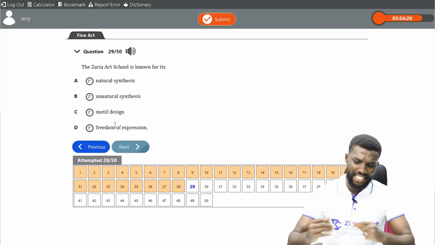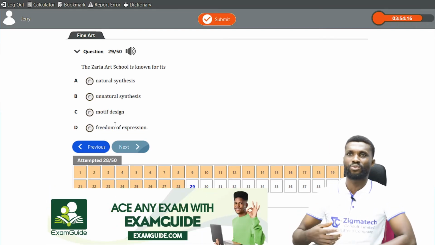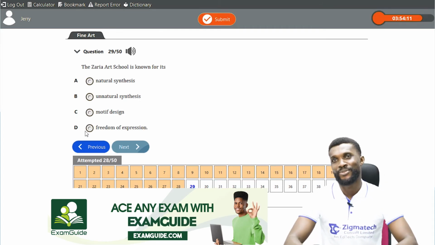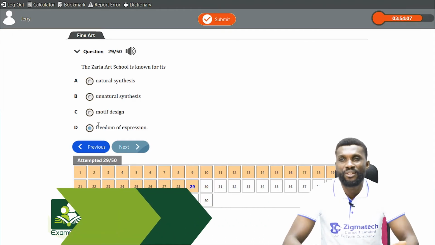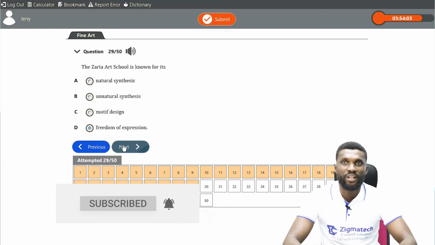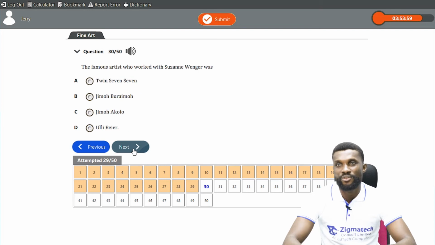Freedom of expression. They have this liberty to do what they want to do, express themselves anyhow. So they are the ones that initiated the freedom of expression. That's what they believe. You express yourself the way you feel. So the Zaria Art School is known for its freedom of expression. All right.